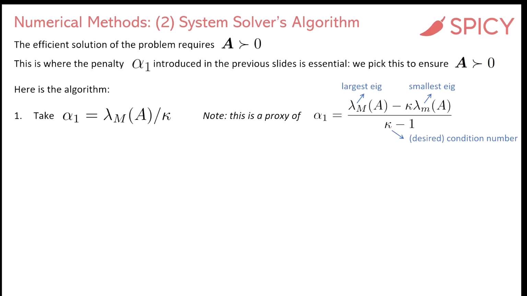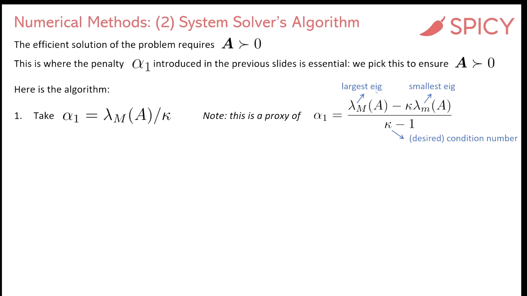Now you can show that there is a simple relation between the condition number that you desire in a matrix and the amount of Tikhonov regularization that you have to add. And you can easily show that this relation is the following, and it will involve the desired condition number, the smallest eigenvalue of A, and the largest eigenvalue of A.